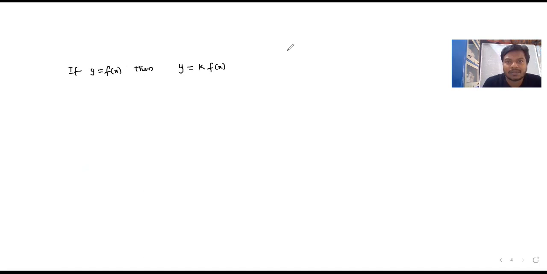For example, if I select y equal to 2 times sin x as the function, clearly f of x is sin x, okay, and k into f of x here is 2 into sin x, right?